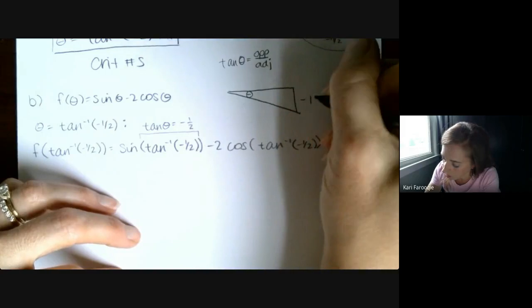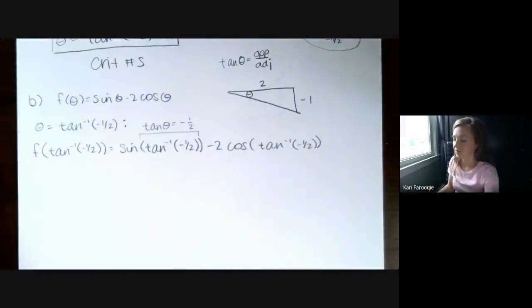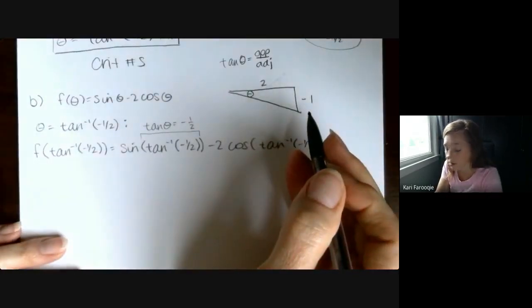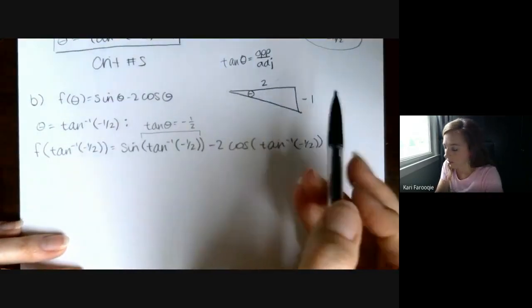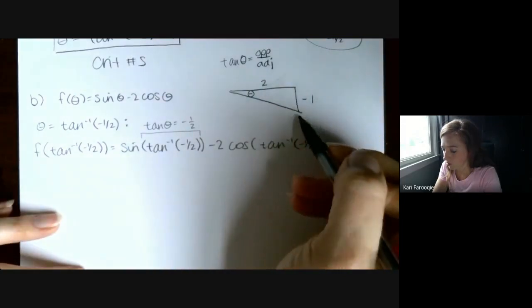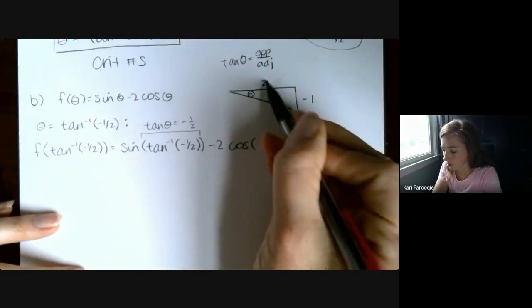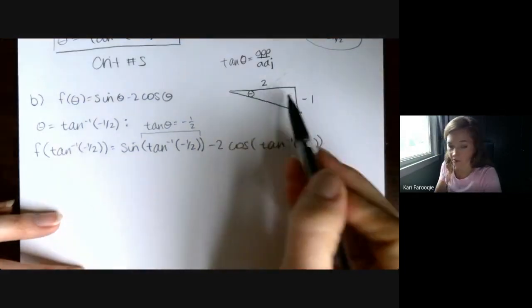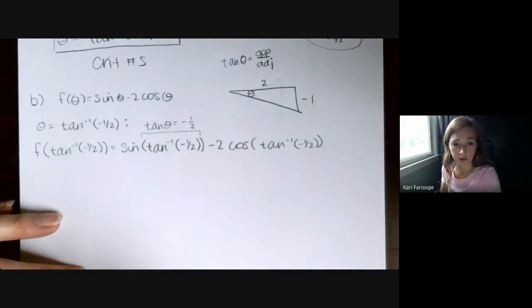So you'd have negative 1 over 2. And if you weren't sure which one to put where, we're going to be able to fix the sign in a few minutes anyway. But that's why I made this a quadrant 4 triangle, because in quadrant 4, I'm going down, which is negative, and then over, which is positive. So this is what your triangle would look like in that case.